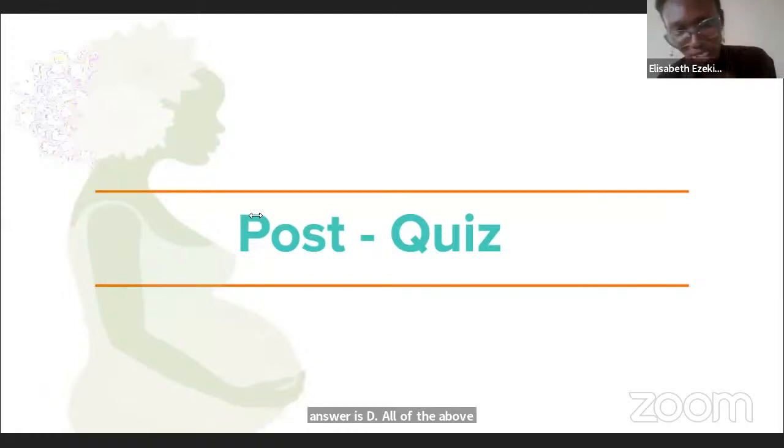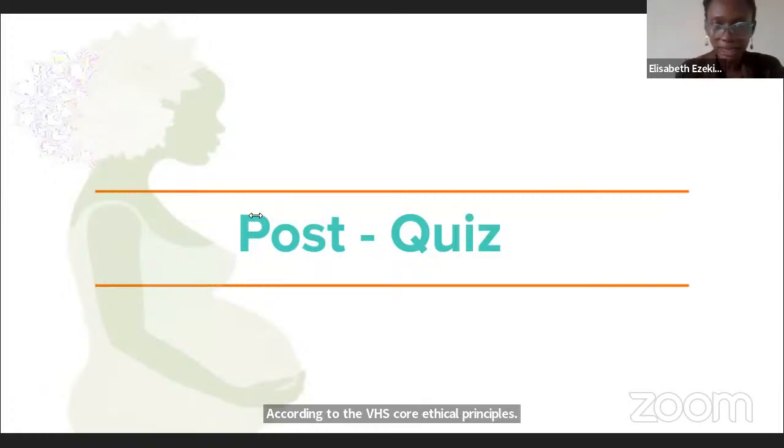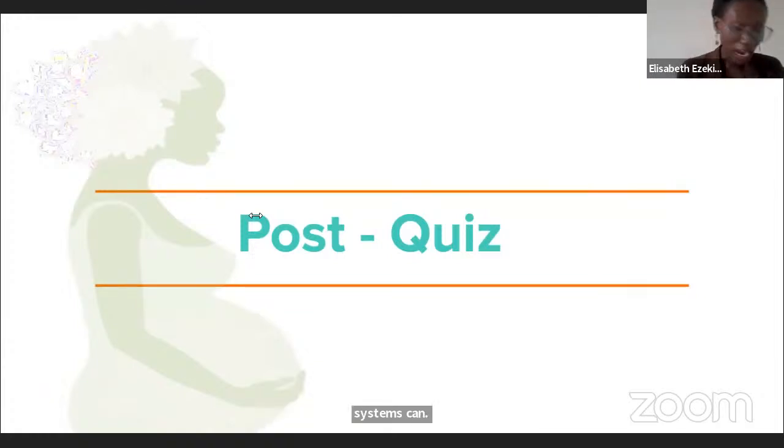According to WHO's core ethical principles, why is it important to regulate the use of AI in healthcare? A, it ensures that AI systems can access the sites. B, it prioritizes AI decision-making.